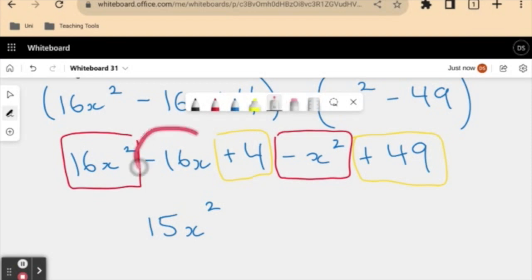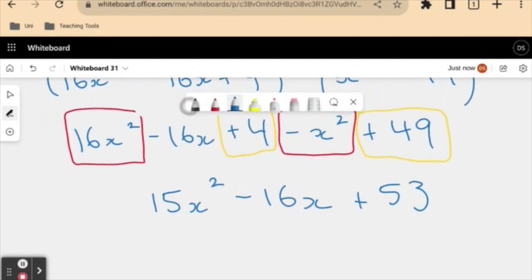Our negative 16x we can leave because there are no other x's here, so that can stay how it is, minus 16x. And then we're going to add 4 to 49. So we will get left with positive 53.